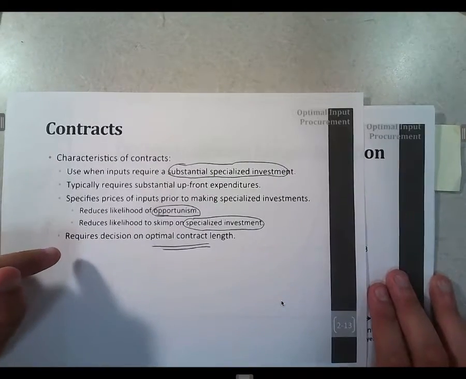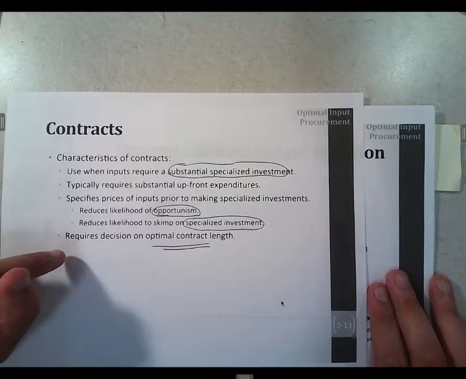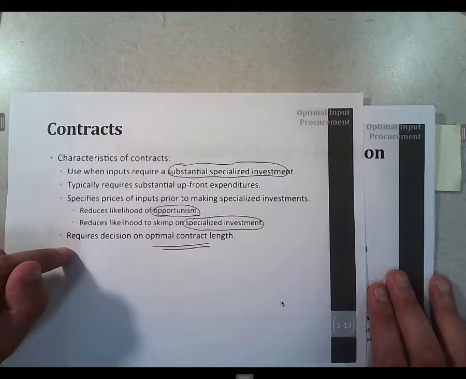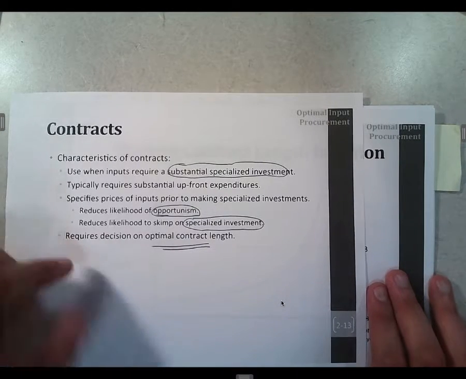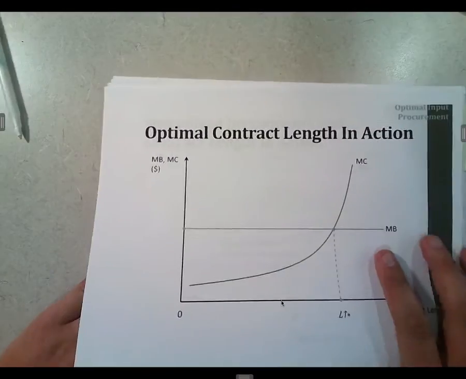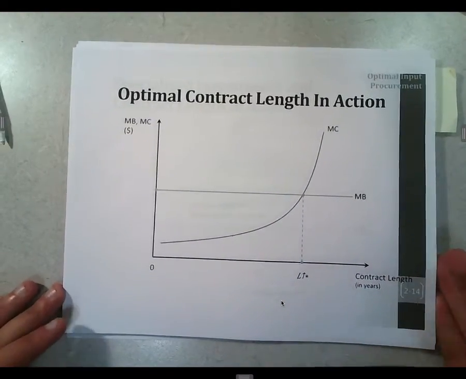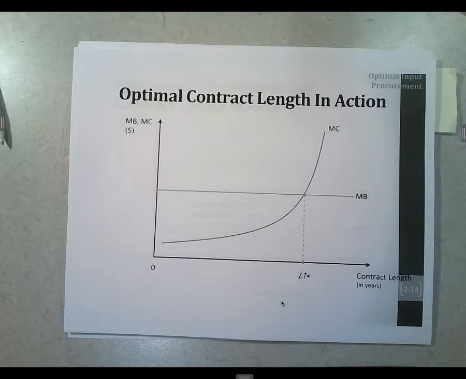So the big decision of the manager with this is, okay, how long do I need to have a contract for? Well, what I have to do is balance it against my benefit and my cost. Where my cost for the contract is having to renegotiate the contract, to check their references again, to renegotiate prices, to renegotiate quantities.